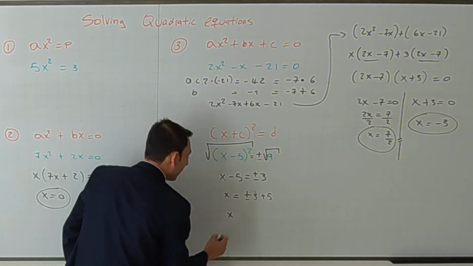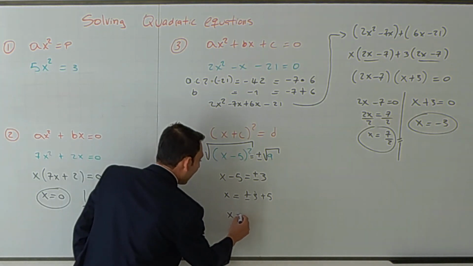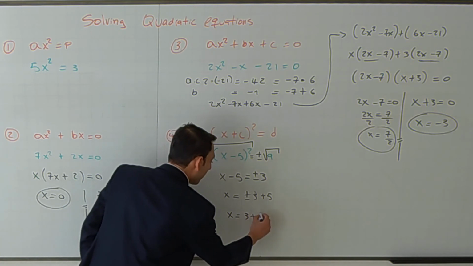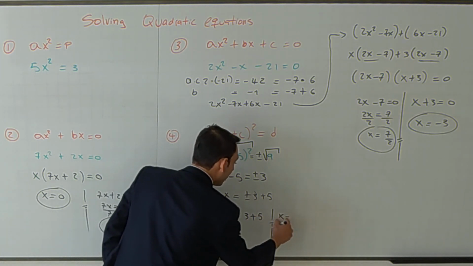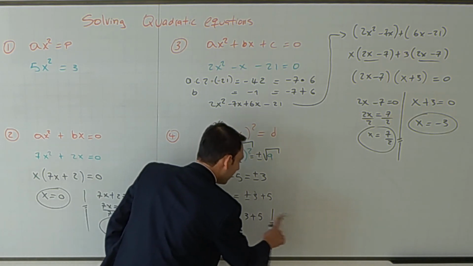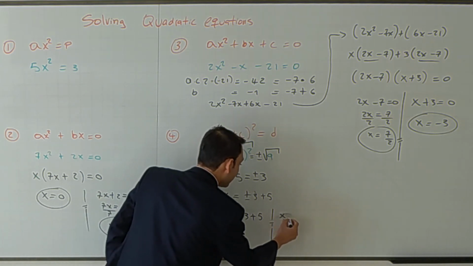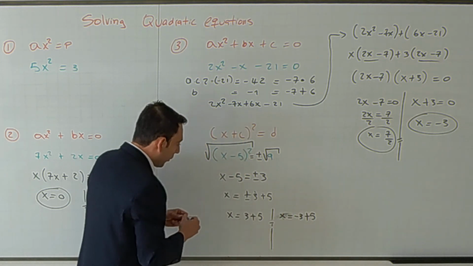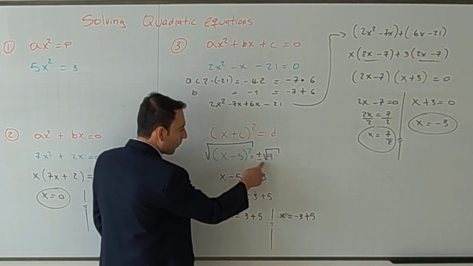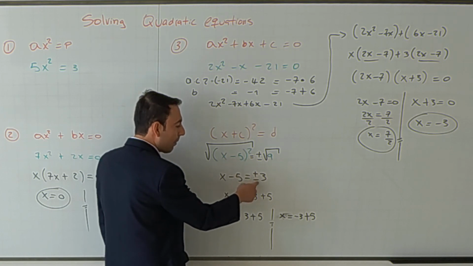First case, first value for x, when 3 is positive, plus 5, and here we have to analyze when 3 is negative, then x equals negative 3 plus 5. Then, one more time, remember that we say that the square root of 9 is plus and minus 3.